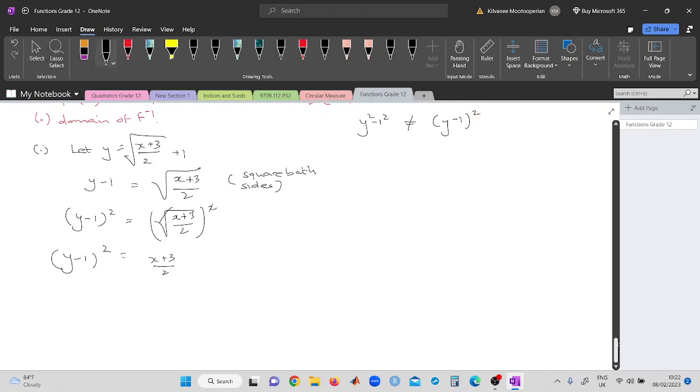So how can we simplify that? Cross multiply. We get x plus 3 times 1, which gives x plus 3, and 2 times y minus 1 to the power of 2.